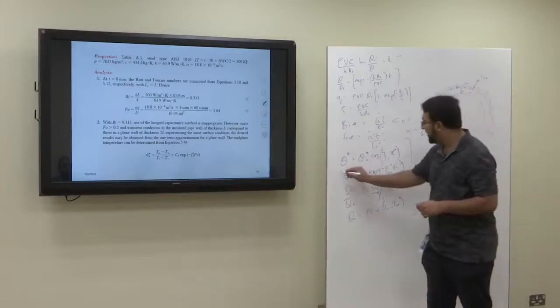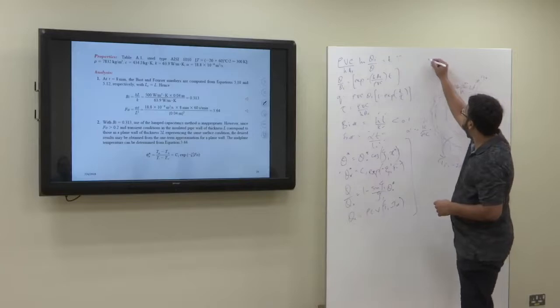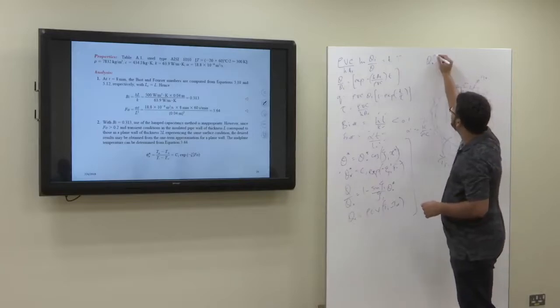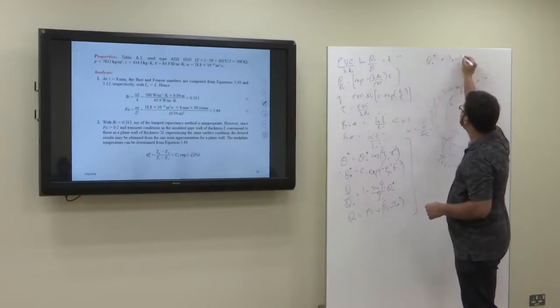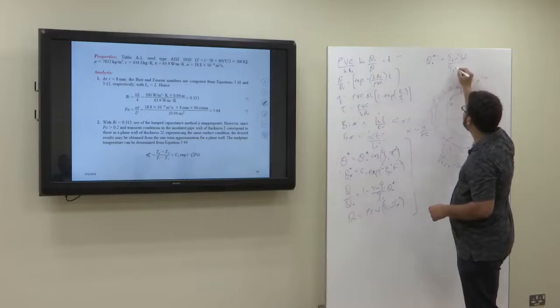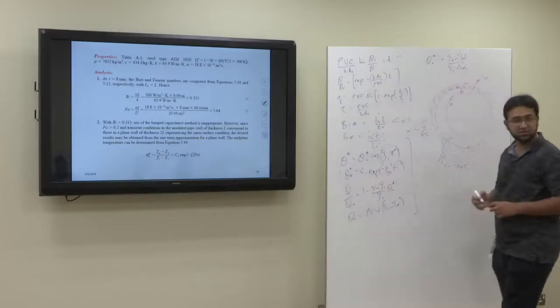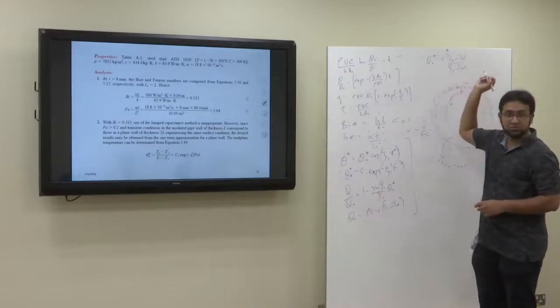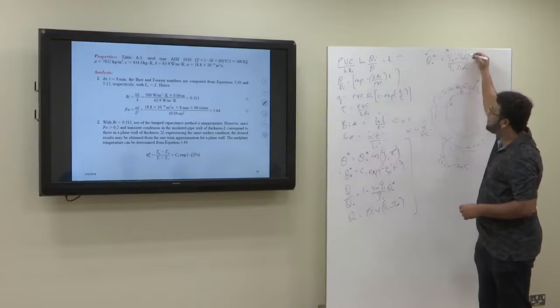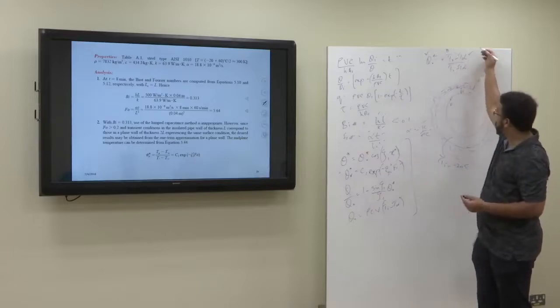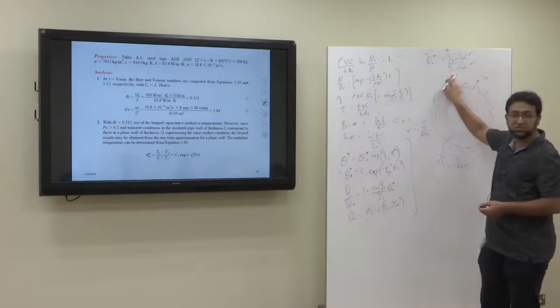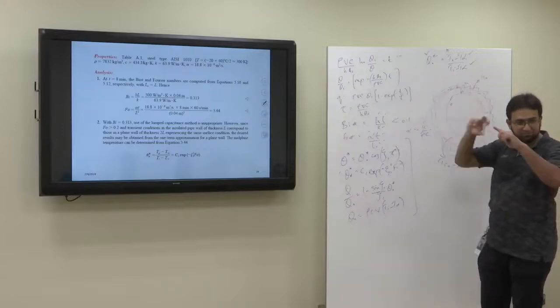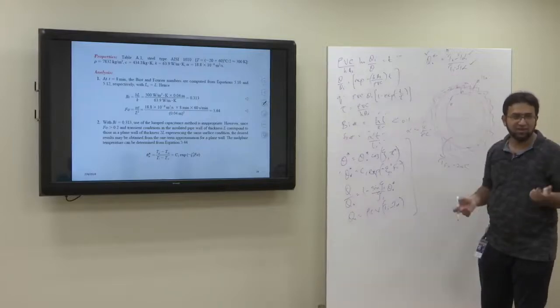Okay, so now we have theta naught star, but I told you what theta naught star is. Theta naught star is basically T naught minus T infinity upon Ti minus T infinity, right? So we need to find T naught. Okay, we know theta naught star, we know what T infinity is, that's the oil temperature, and we know what was the initial temperature of the pipe, minus 20.